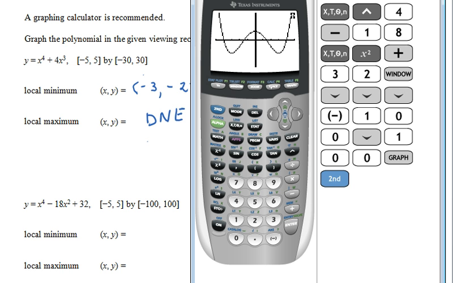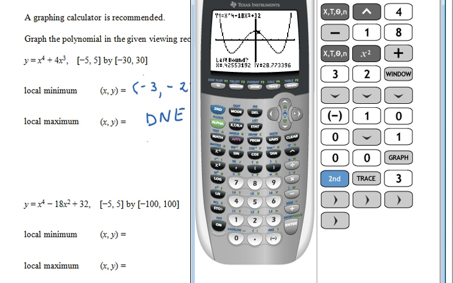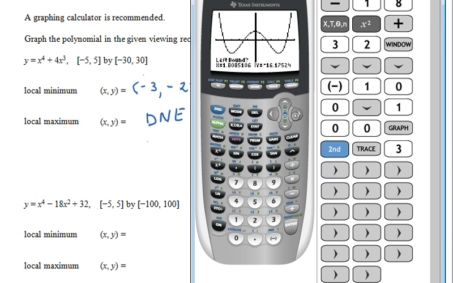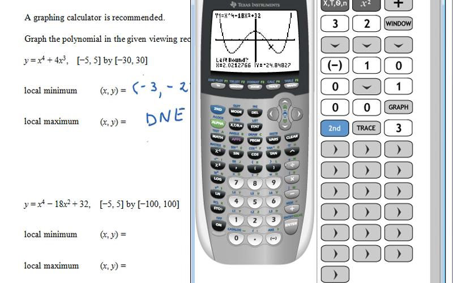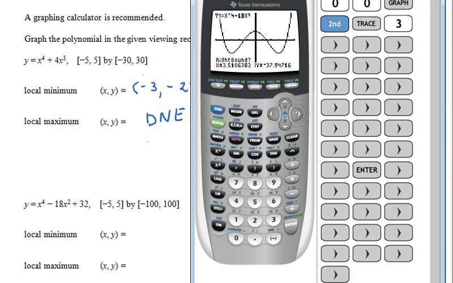So I'm going to go second trace, 3 for minimum, move my cursor to the left of the local minimum that is in the fourth quadrant, press enter, move it to the right of that local minimum, press enter a third time to have the calculator do the calculation, and we see that that minimum is at 3, correct to 2 decimal places, and its value is negative 49.